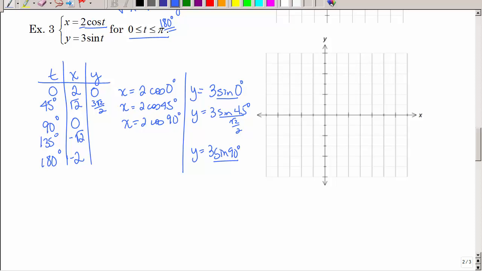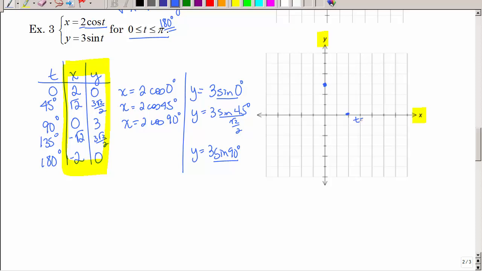The sine of 90 degrees is 1 times 3 is 3, and keep going. I'm going to get those values. So again, I want to graph those on my xy coordinate system. Well, let's first just graph the ones I can graph. So I know 2, 0, and 0, 3.